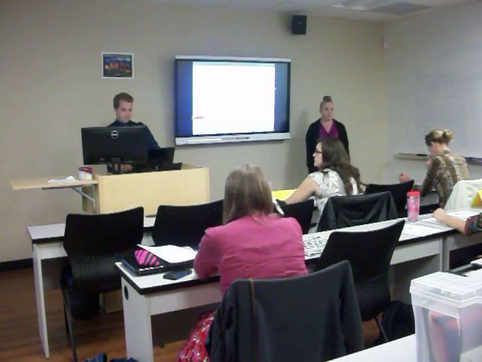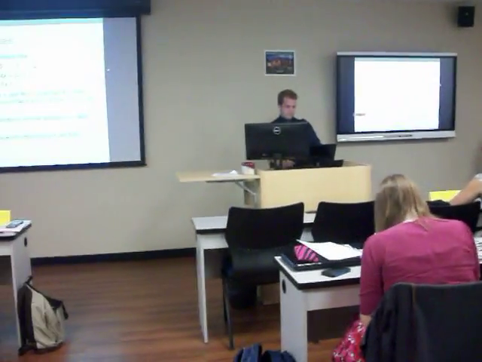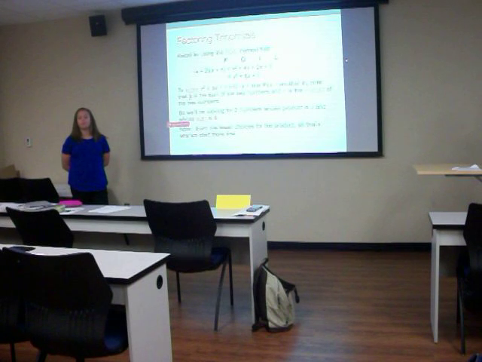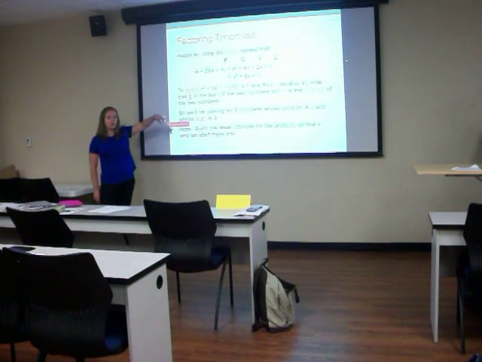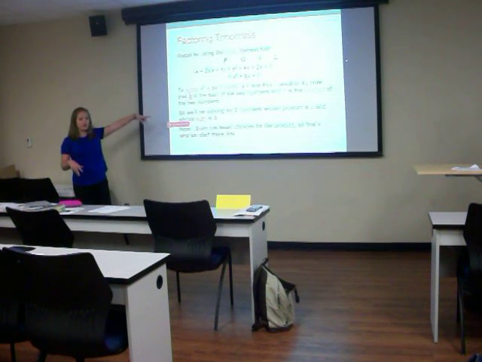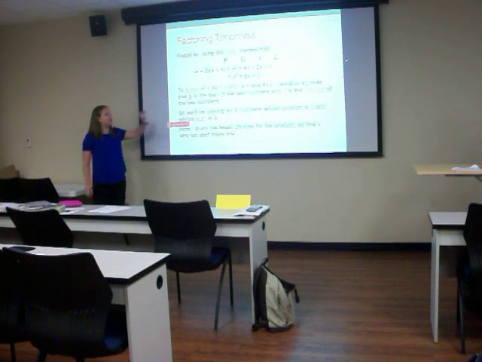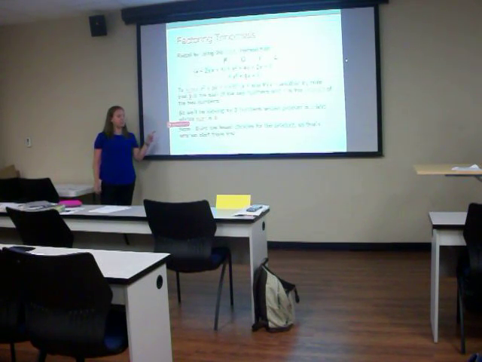Alright, so now we're going to go into the main part of the lesson, which is factoring trinomials. As Ms. Kingery just recalled with you, the FOIL method goes from two binomials to a trinomial. So when we're factoring trinomials, we're going back to the two binomials. To factor this trinomial, it'll be in the form of x squared plus bx plus c.